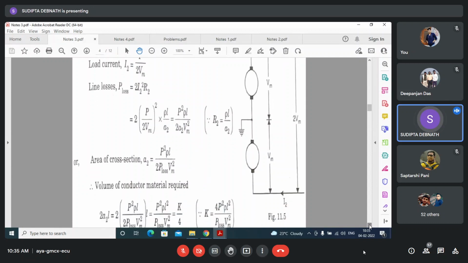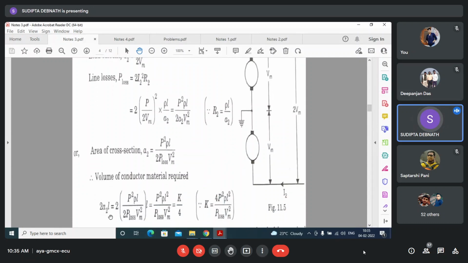Then what is the volume of conductor material? Twice into A2 into L. Okay, so twice into A2, you substitute from here A2 into L, so it will be like this. So K, in the previous one we considered K, it was like this. Here the term 4 is not there, so we can write it as K by 4.